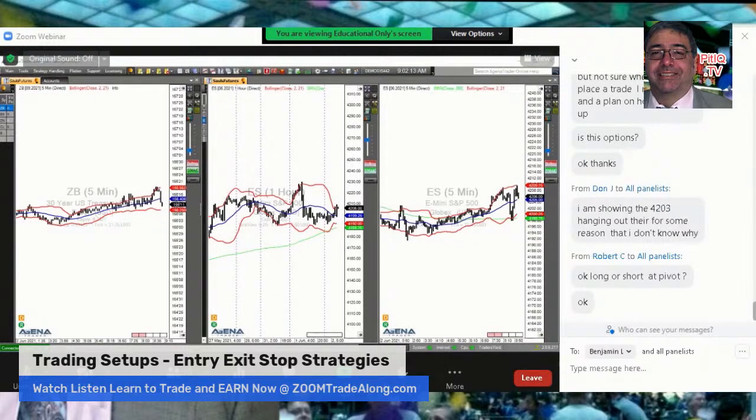And those are times where you have to be patient and wait for the opportunities to present themselves so that you don't waste money trading and just creating fees for the brokerage houses and the exchanges. Bond market kind of not really doing much.